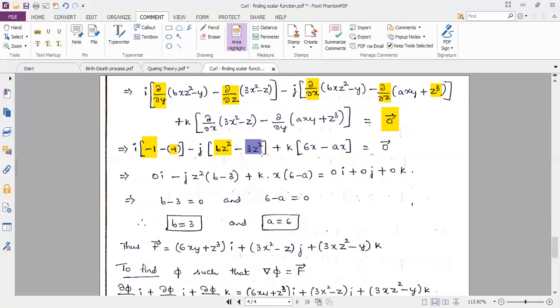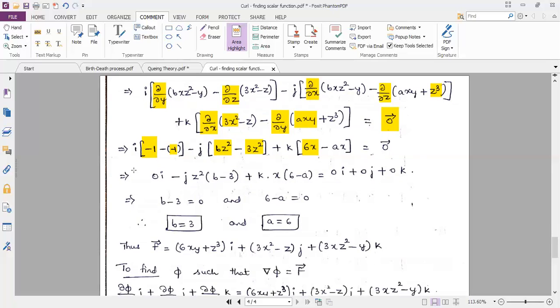Plus k multiplied by differentiation of 3x square partially with respect to x, which is 6x. Differentiation of minus z with respect to x is 0. Next term, minus dou y: with respect to y, differentiation of axy is ax. Z cube differentiation goes to 0.